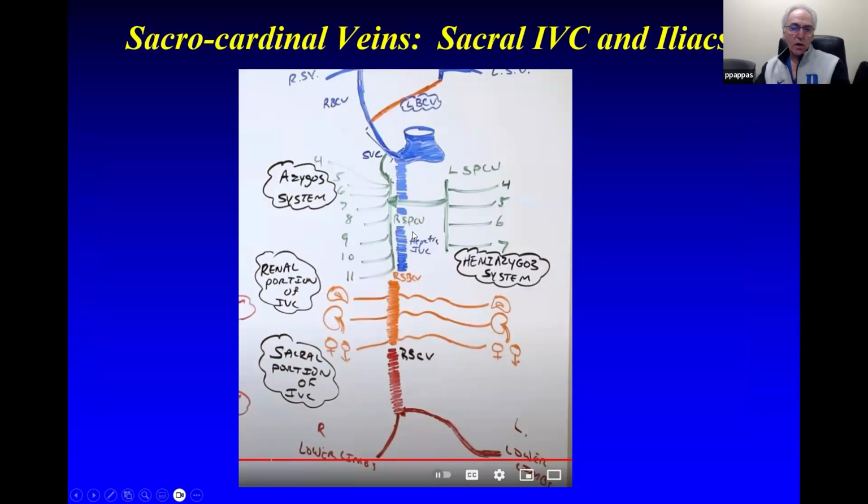You have the supracardinal veins, which form your azygous and hemiazygous system. You have your subcardinal veins, which form the veins that go to your adrenals, kidneys, and gonadals. And then the sacral cardinal veins do the iliac veins and the sacral portion of the inferior vena cava. This diagram here is probably 3 or 4 test questions.